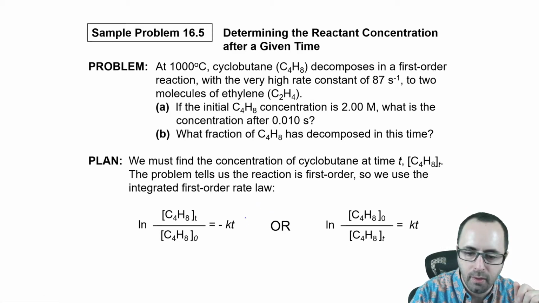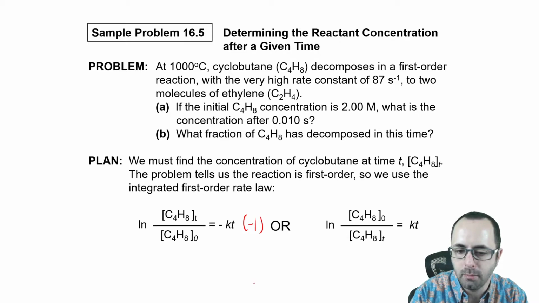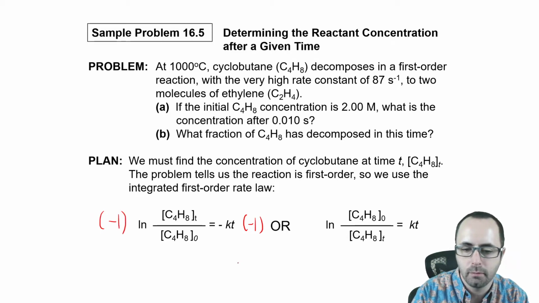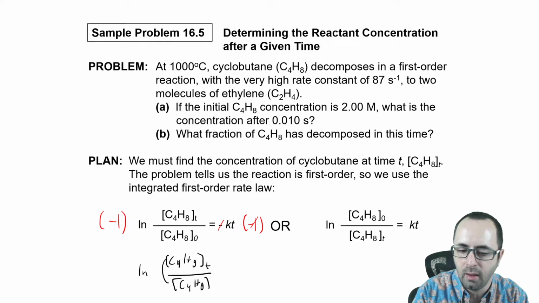It's because if we take this and multiply it by -1 on both sides, that cancels this negative, and we get -1 times natural log. However, that's the same as saying natural log of concentration C4H8 at time t over concentration C4H8 at time 0 to the -1 power.